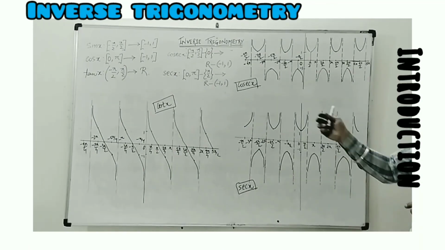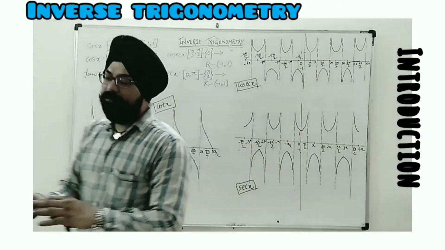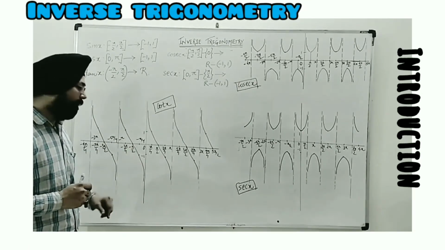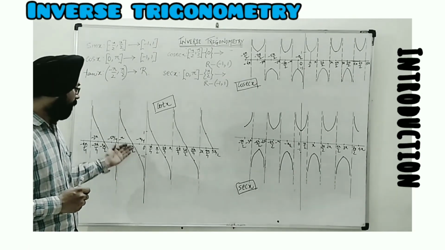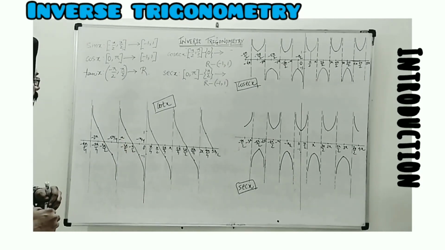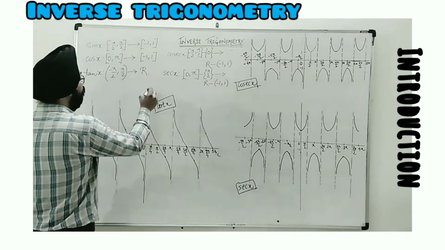Now the last one, which is cot. I see it is just a mirror image of tan x. In tan x we obtain the same graph but in increasing order. Here we are obtaining the graph but in decreasing order. So what will be its principal domain?